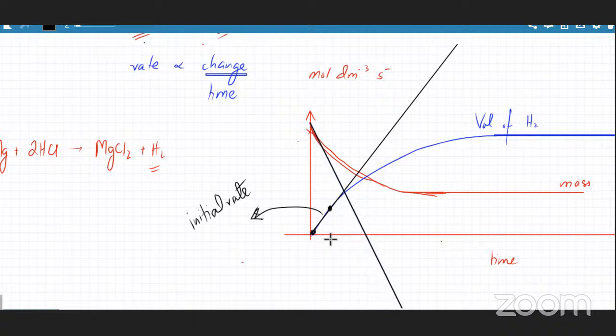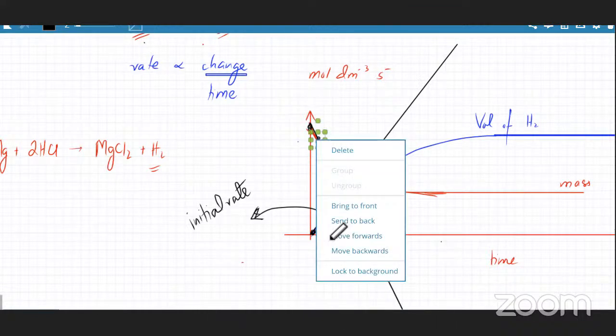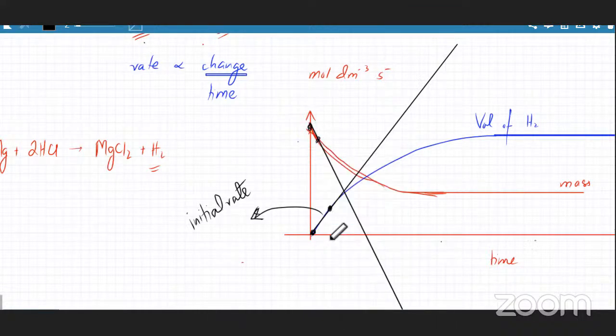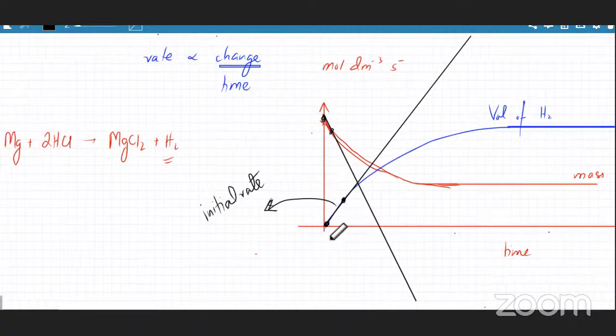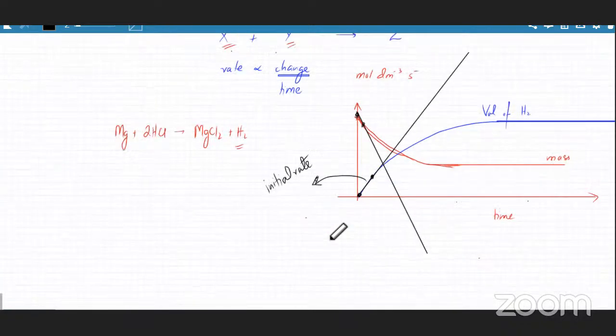So make 2 points initially and then pass the line through those 2 points. You always measure initial rate, and rate is change with respect to time. You could be plotting any change with respect to time and ignore the fact that it's negative or positive.